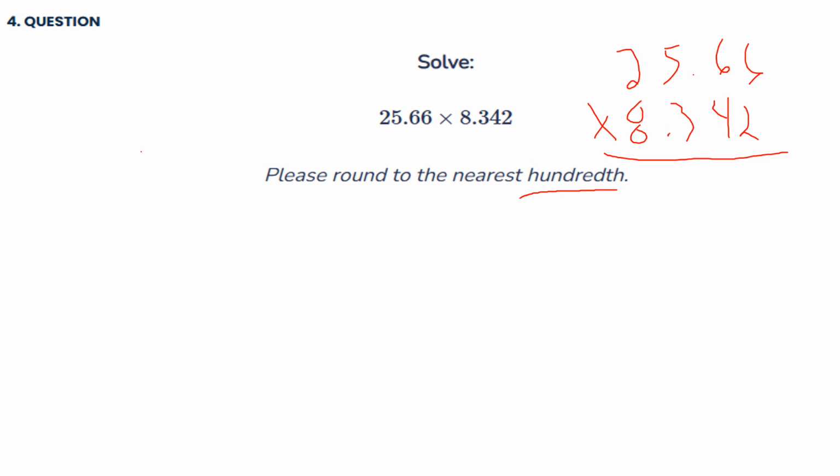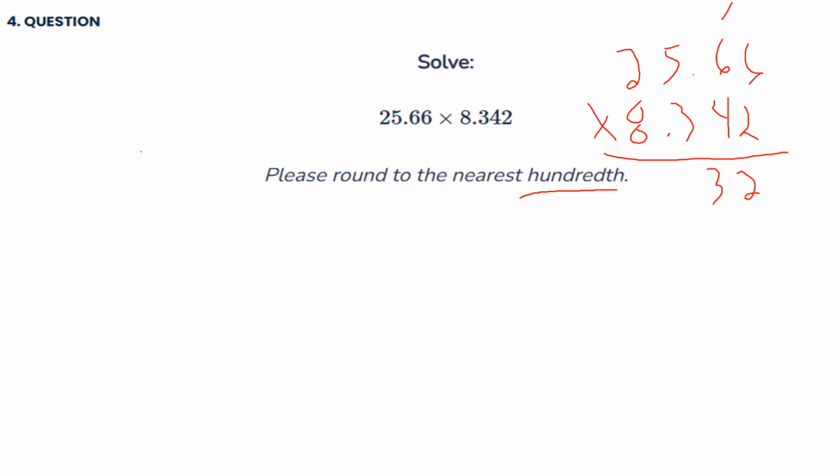We're going to start with the ones place. The 2 is in the ones place for the bottom number. We're going to multiply 2 times everything in the top number, starting with 2 times 6, that's 12. We carry the 1. 2 times 6 is 12, plus the 1 that we carried, that's 13.